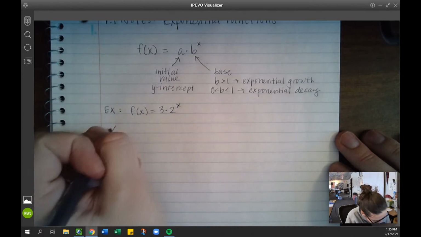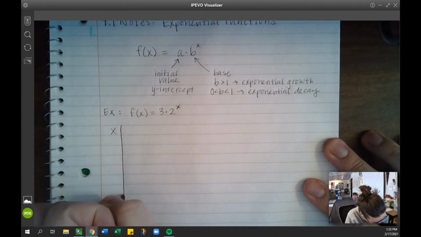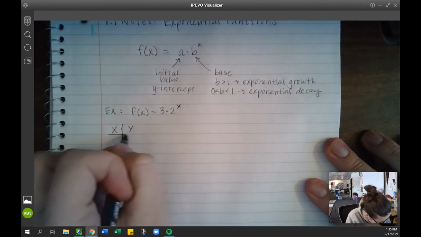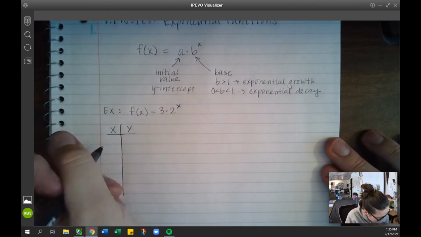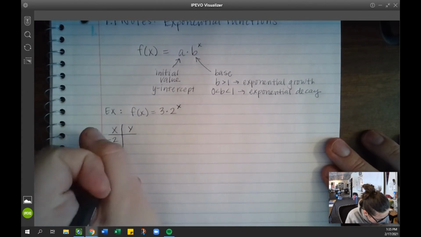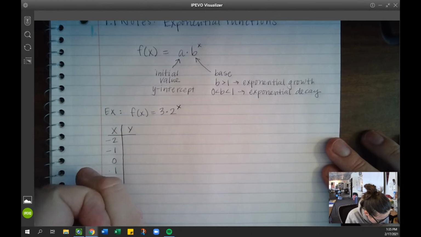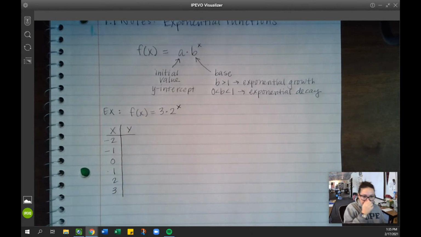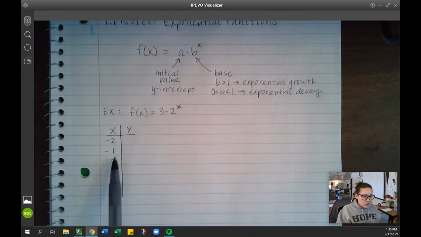So I want to make an XY table. I'll go negative 2, negative 1, 0, 1, 2, 3. All right, let's actually start with 0. We'll deal with the negative numbers in a second.